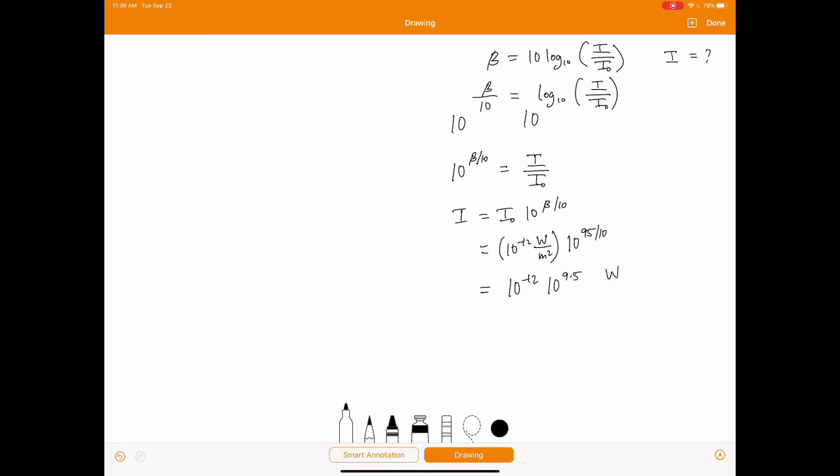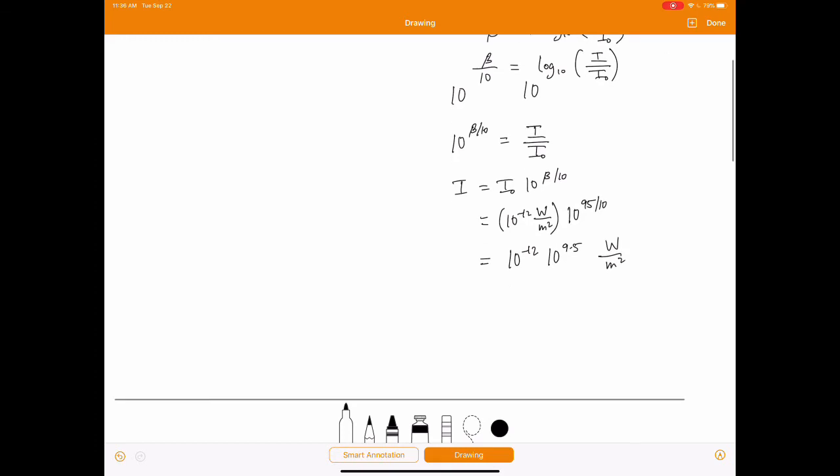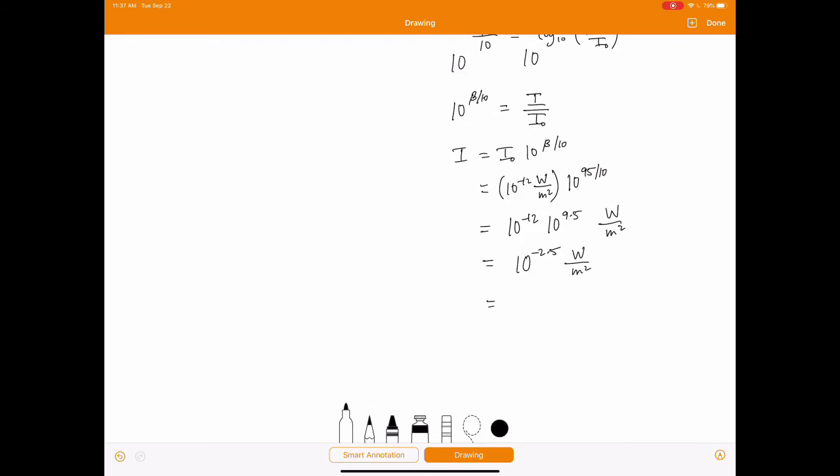And then this is watts per square meter. Now that's the same as just adding the two powers. So minus 12 plus 9.5. This is 10 to the minus 2.5 watts per square meter. And if you crunch those numbers, you're going to get 3.2 times 10 to the minus 3 watts per square meter. So that's the sound intensity you're going to be hearing in this situation.